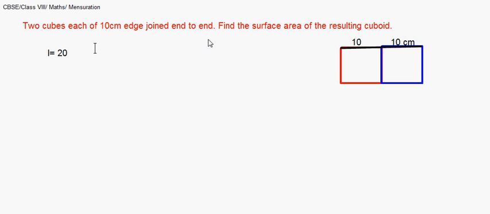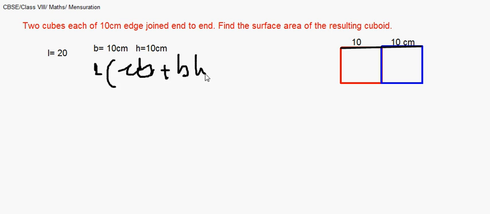So breadth will be 10 centimeters and height will also be 10 centimeters. Now you simply can apply the formula. I'm not calculating this one, you can do it by yourself, writing LB plus BH plus LH to find the answer.